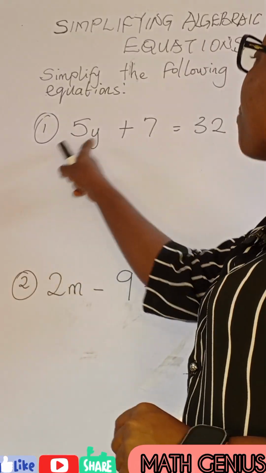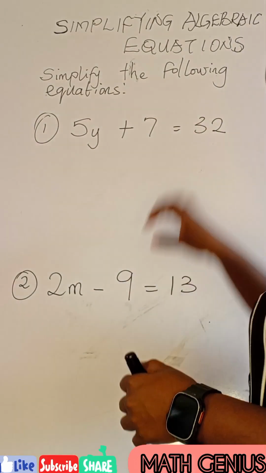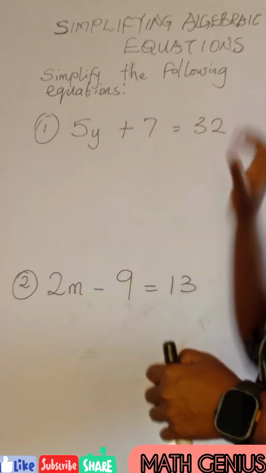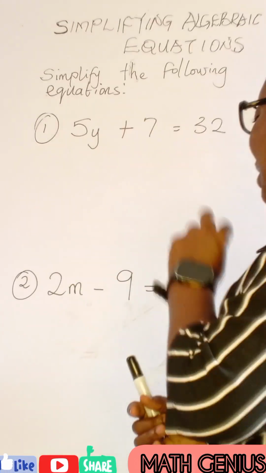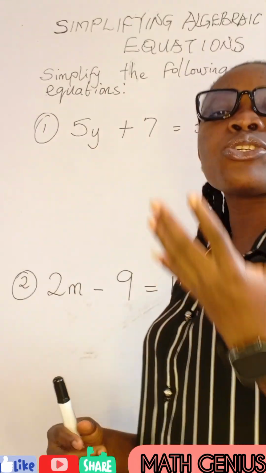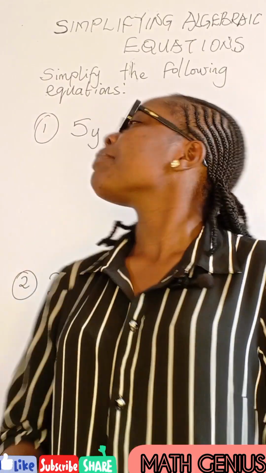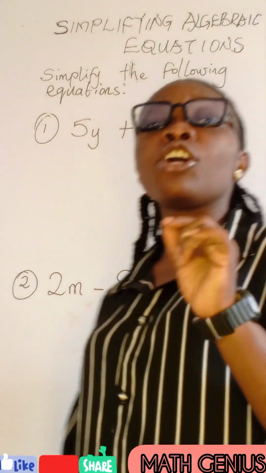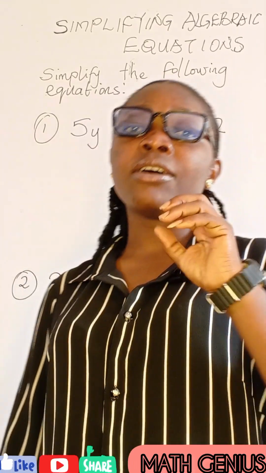So 5y plus 7 is an algebraic expression, but by the time we equate it to 32, it becomes an algebraic equation. Now, the essence of this class is to see how to simplify algebraic equations. So let's dig in.